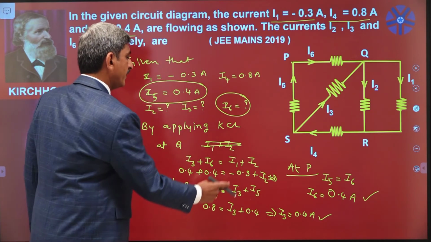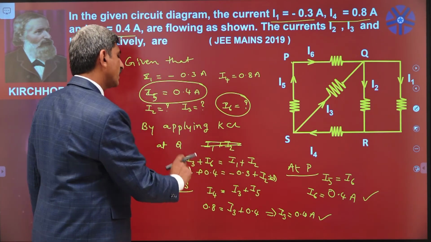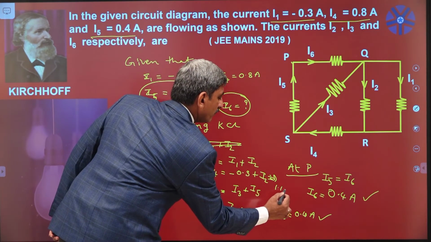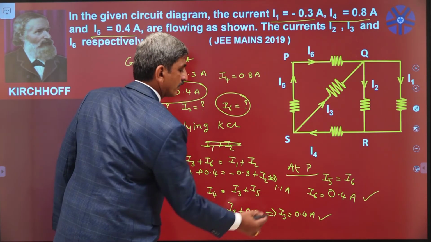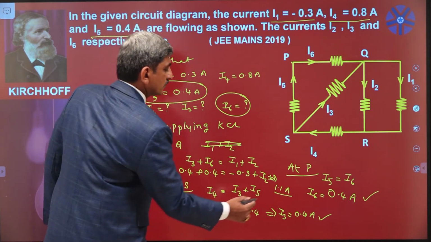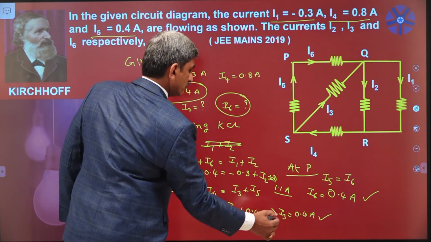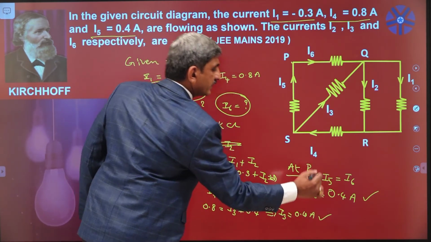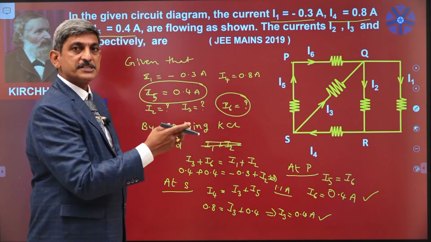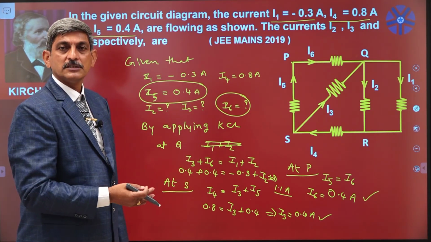By solving this, by taking this minus 0.3 to this side, it becomes I2 is equal to 1.1 amperes. Okay. So here we have I2 value, here we have I3 value, here we have I6 value. This is purely based on the Kirchhoff's current law.